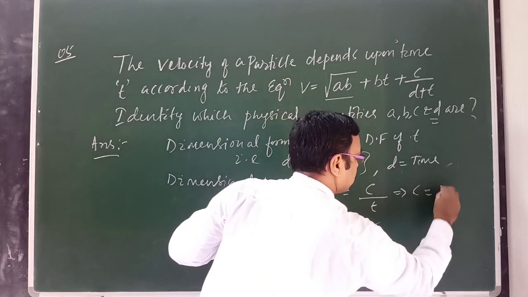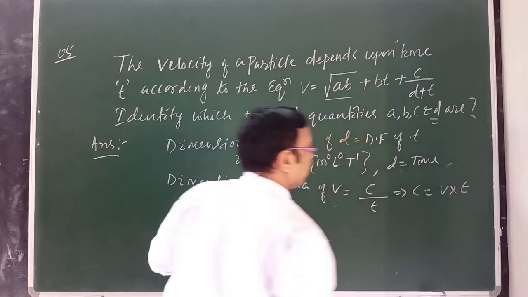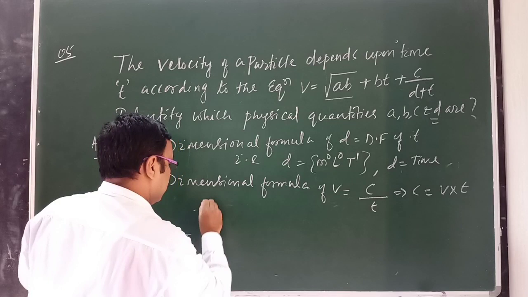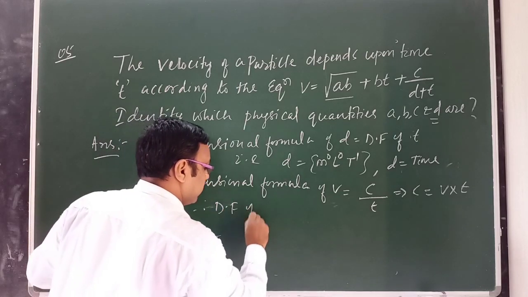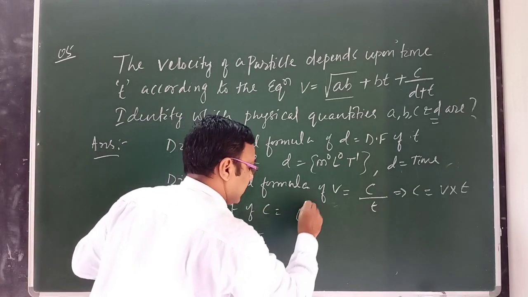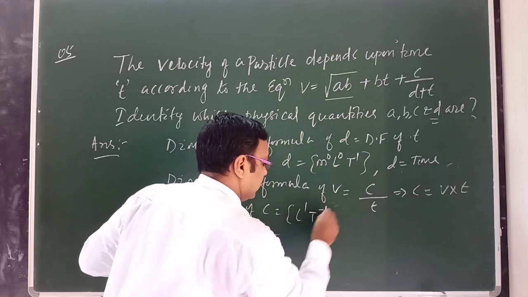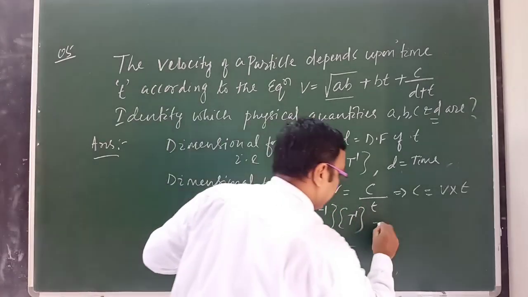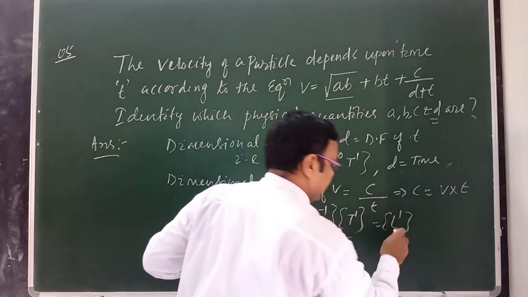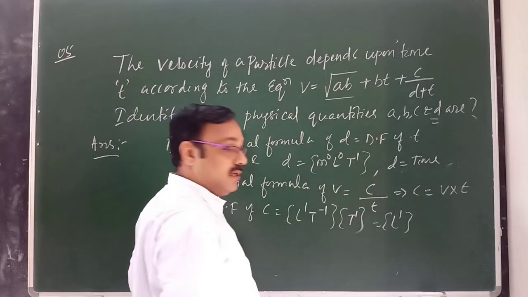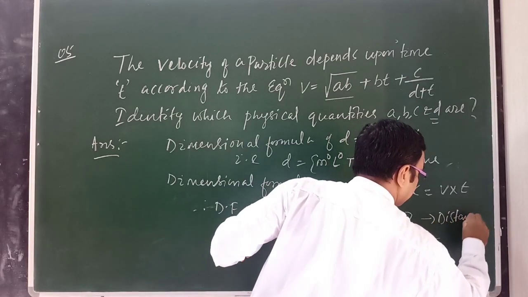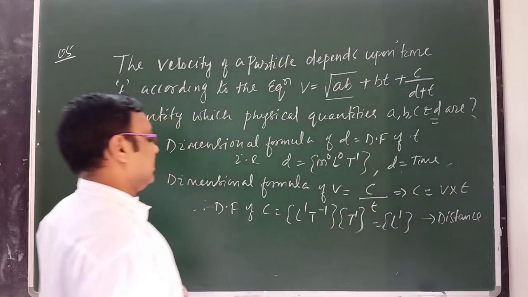C equals V into T. And V stands for here what? Velocity. Therefore, dimensional formula of C equals, velocity means L1 T minus 1 into T to power 1. So T cancels, remaining is L1. And L1 indicates the physical quantity distance. So the given physical quantity now is distance. Here, this is for C.